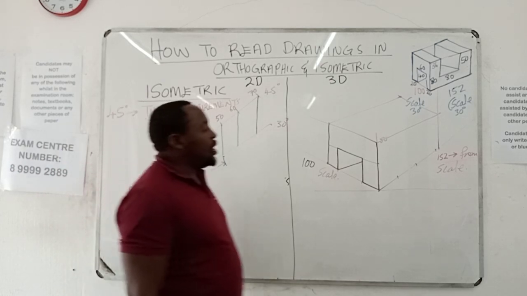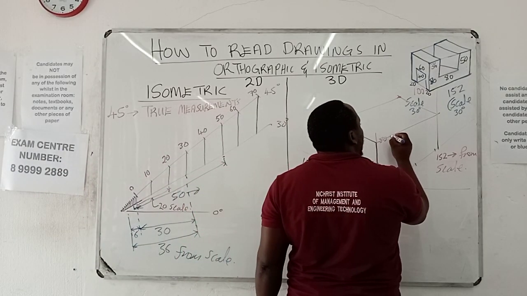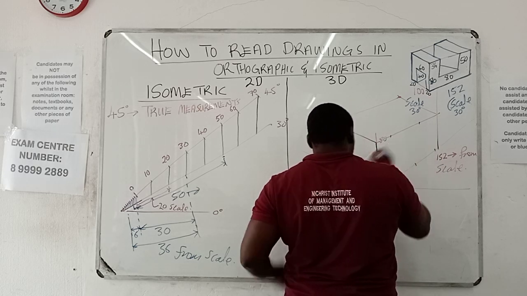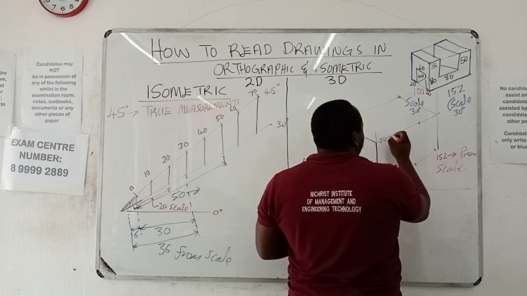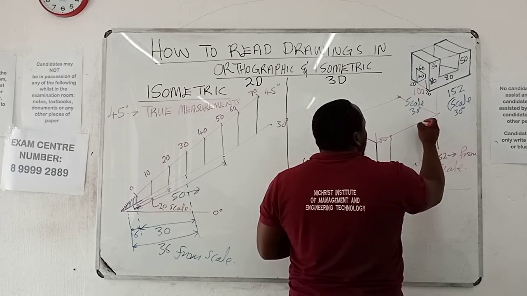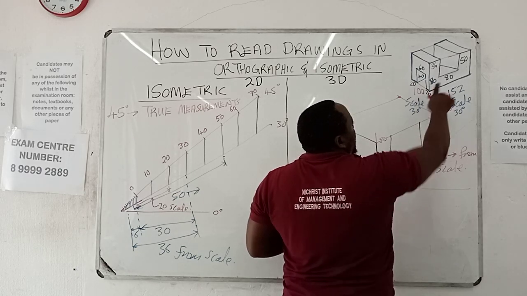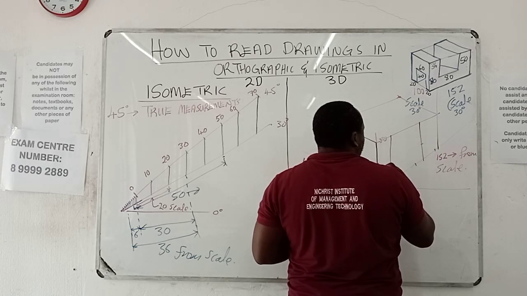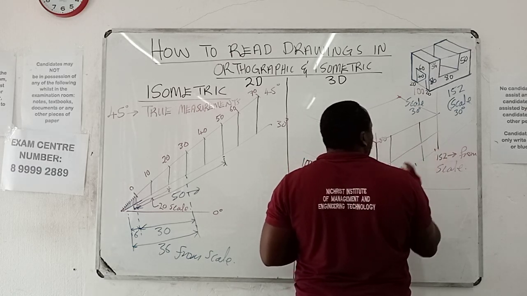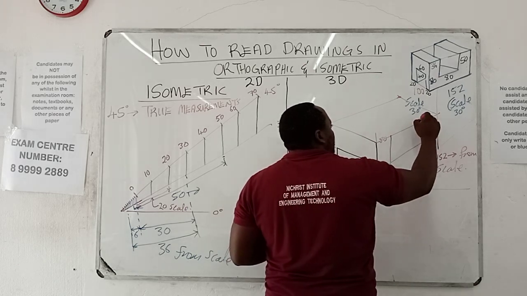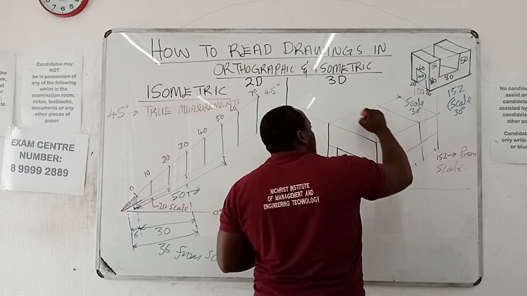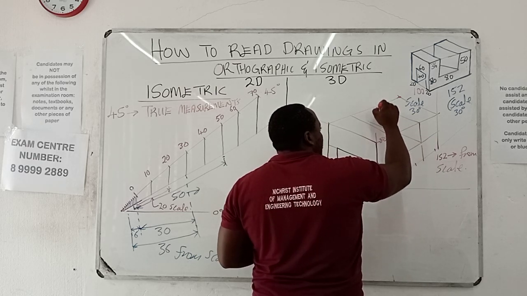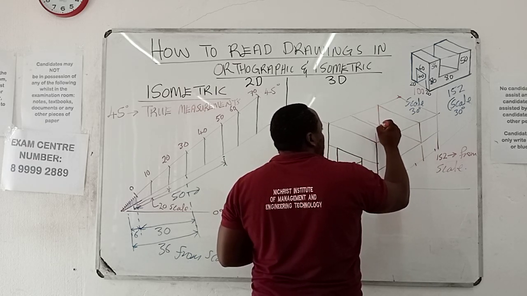Okay? So I'll come here, I'll mark 36, 36. Then draw vertical line. Then the 50 is straight. You don't need to scale for 50. You measure 50 and draw. Then 30 degrees line, 30 degrees line, 30 degrees line, 90 degrees, then 30 degrees.